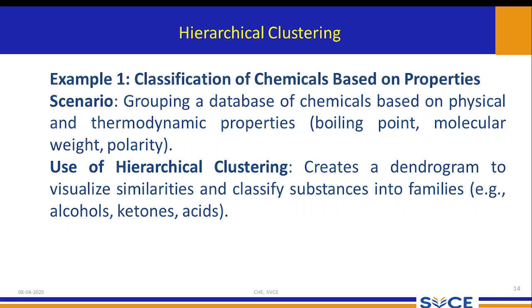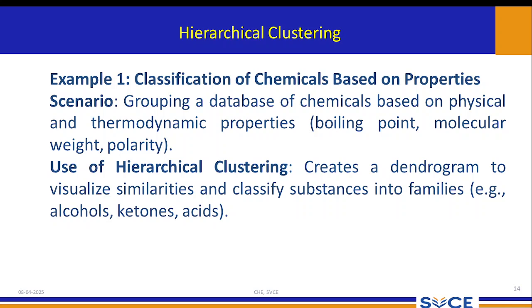Create a dendrogram, which I already showed you in the last lecture. It is a tree-like structure where nearby clusters are combined, and finally they form a single cluster. Create a dendrogram to visualize the similarities and classify the substances into families. The families are groups. It is like FTIR, which is used to find functional groups. Identifying the functional group will segregate the compounds.